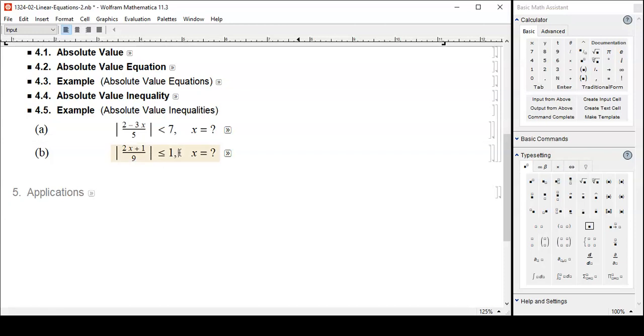What if we have semi-inequality? In that case, both are less than or equal, so we're going to get a bracket. Stop the playback and try on your own. See what you get.